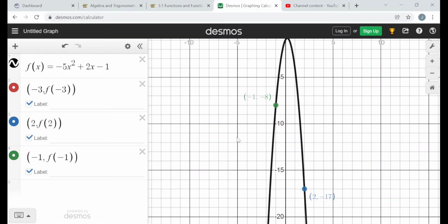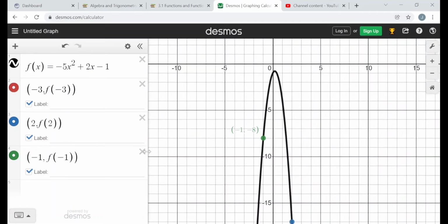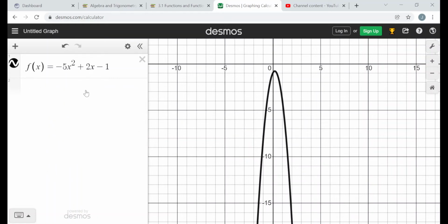All right, now I could also do this here. We have our original function written out, right? And I could put in -a, where our input's -a, and the output is f of -a. And then you see it says add slider for a. And let me label this point.